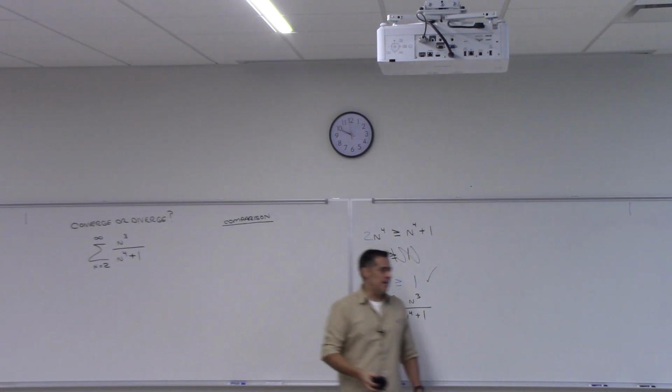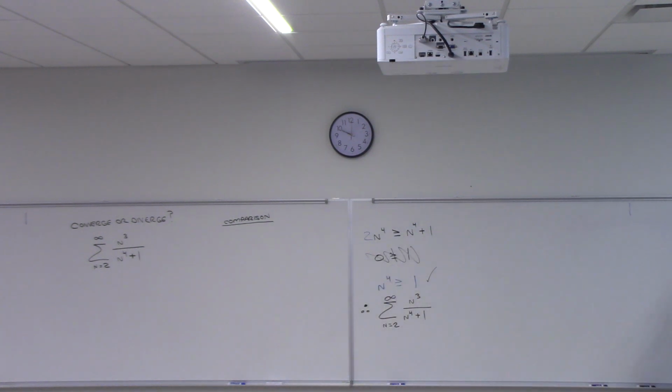And here's what it says. You still have to figure out a series to compare it to, but instead of trying to show the inequality is true, all you have to do is take the limit of the ratio of the sequences.